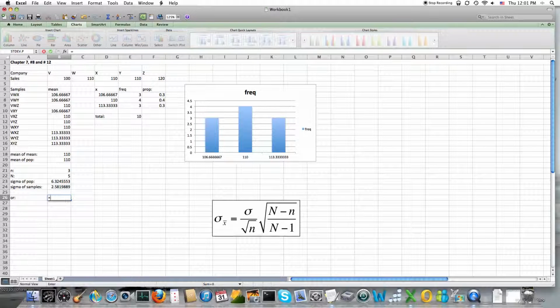My formula is that it's equal to regular sigma, sigma of population, divided by the square root, SQRT is how to get Excel to take a square root, of lowercase n.